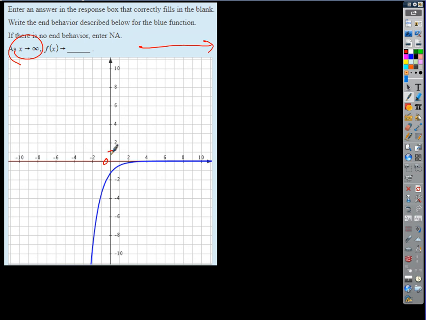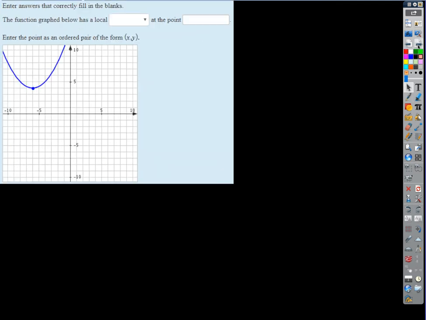There's y equals 1, there's y equals negative 1, that's y equals 0. So we end up with, as x approaches infinity, f of x approaches 0, right? Y approaches 0. And the y value just gets very, very consistent.